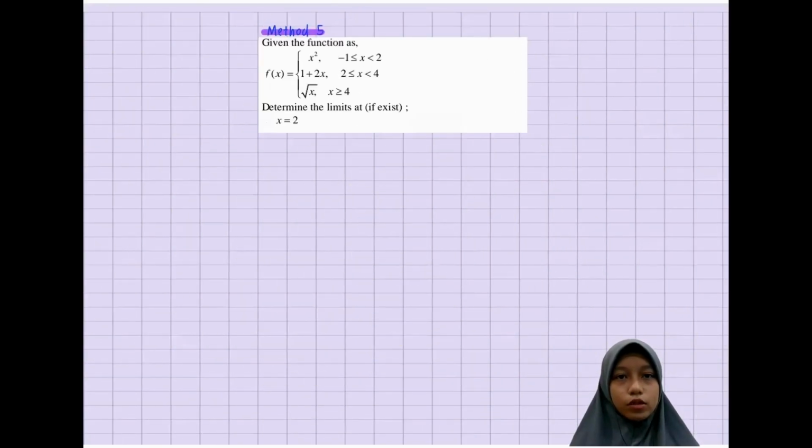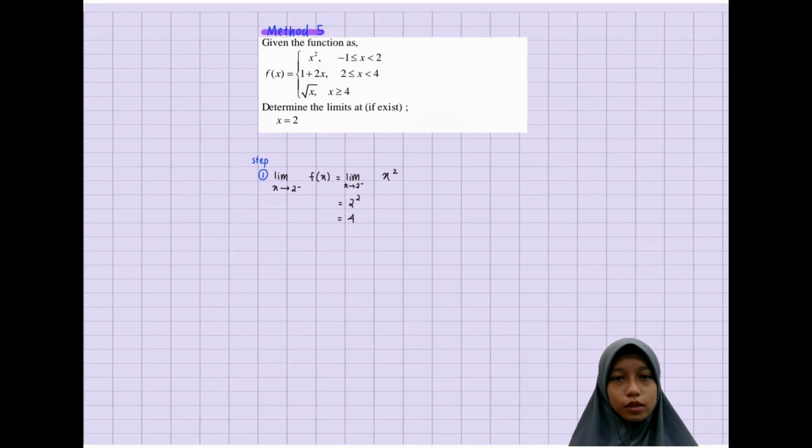Next, we will use method 5 for this kind of question, which is given the function as f(x) equals x squared, f(x) equals 1 plus 2x, f(x) equals square root of x. The question asks to determine the limit at x equals 2, if it exists. So we apply method 5. Step 1, we find the limit as x approaches 2 from the left side.